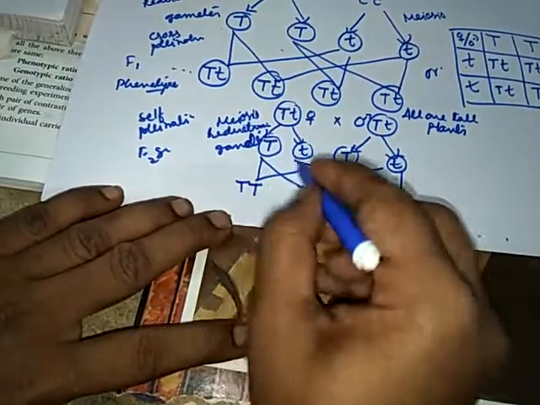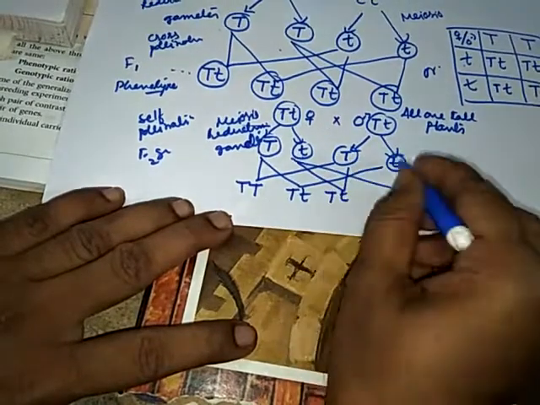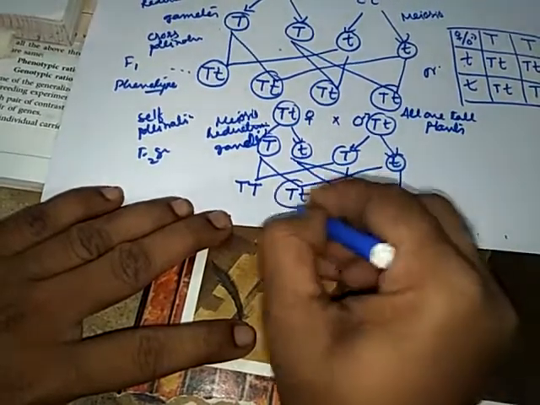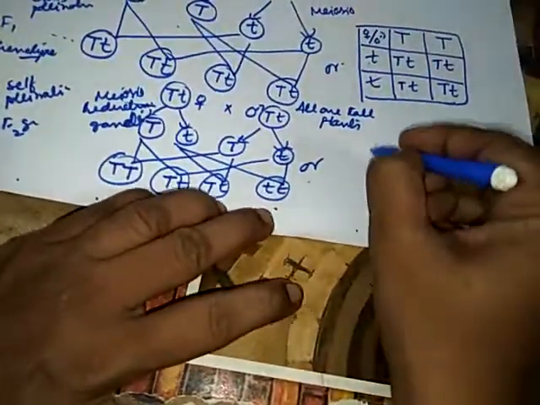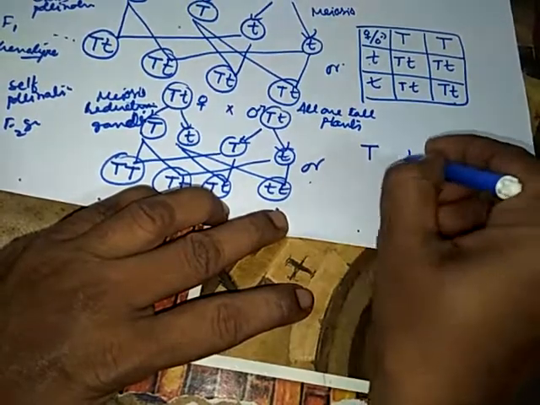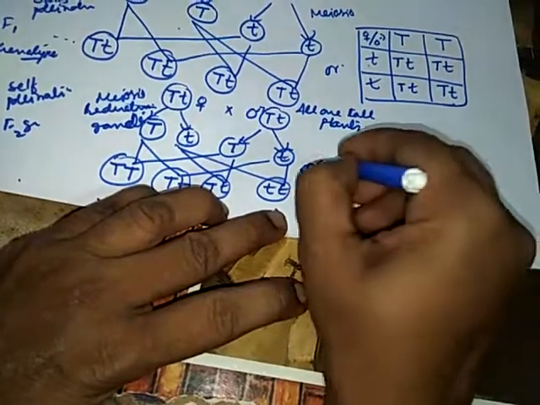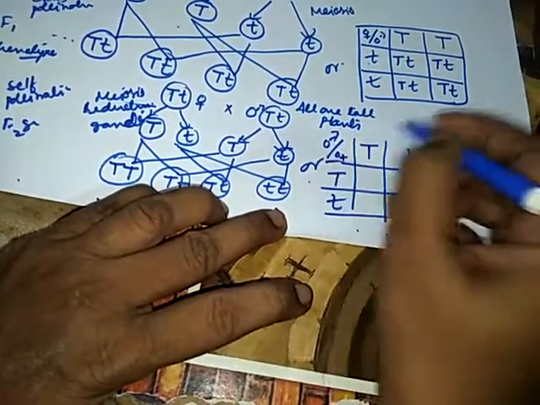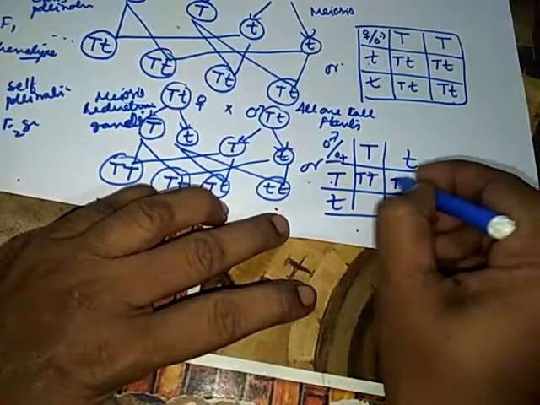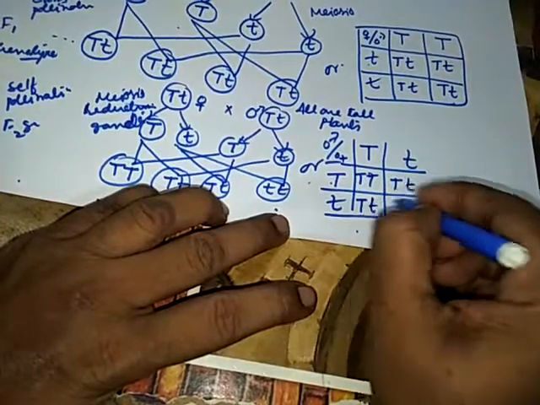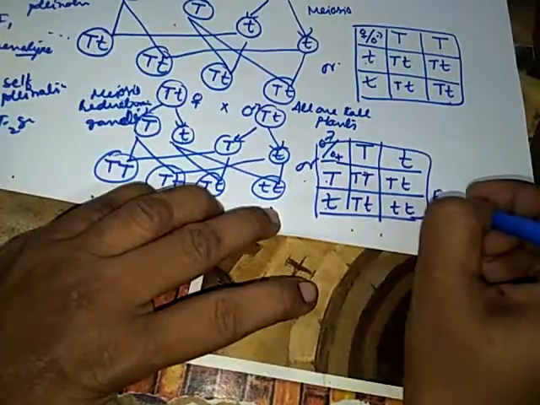This one with this, again these two, again these two. Or we can do it like this also, using the Punnett square: gamete with gamete forming the zygote, male and female. So by this fusion we got the four offspring in the F2 generation.